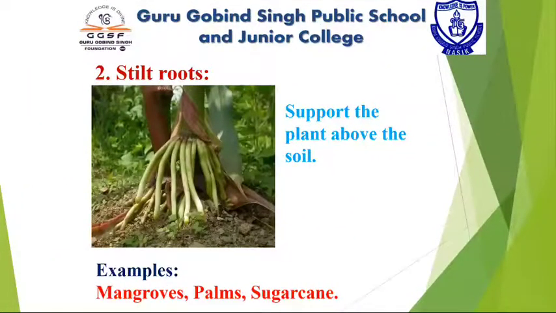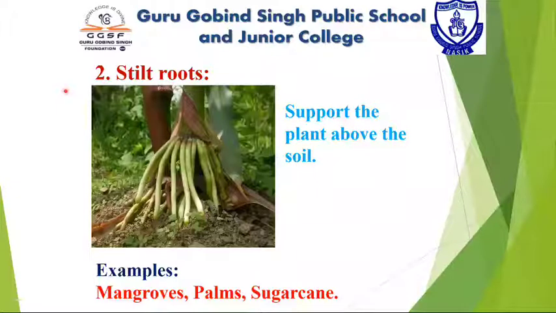Next type is stilt roots. It supports the plant above the soil. That means a root that arises from the lower bole. Bole means trunk, and it runs obliquely to the ground as shown in the mangroves and palms.